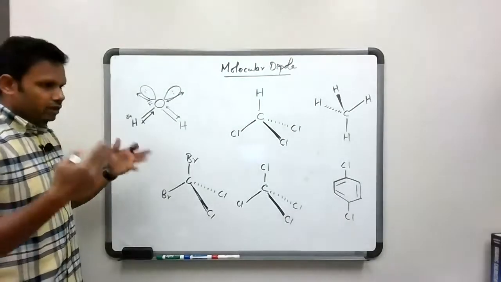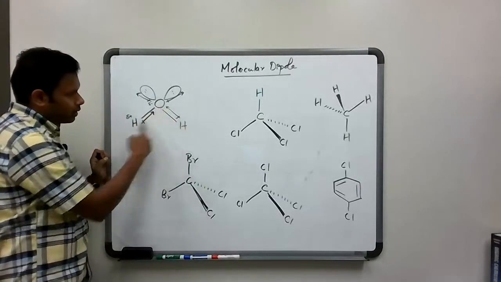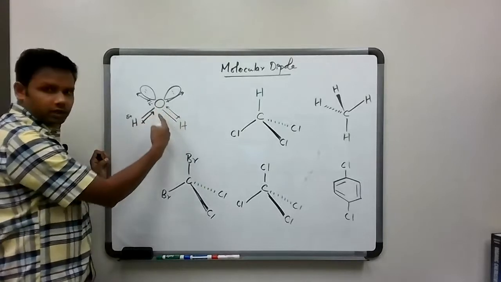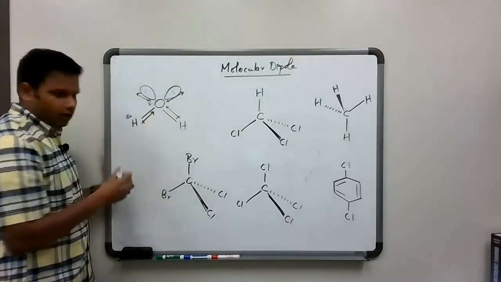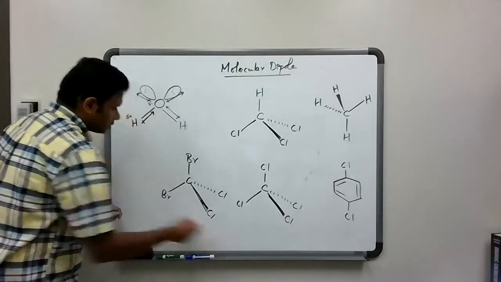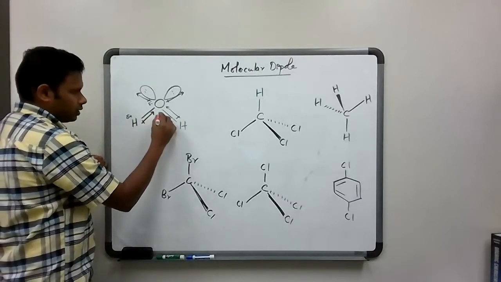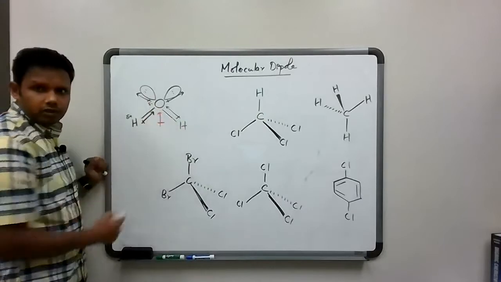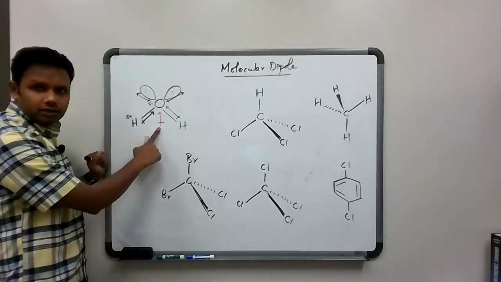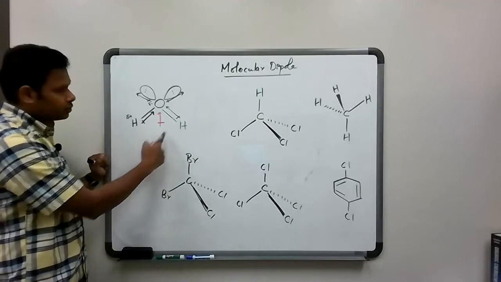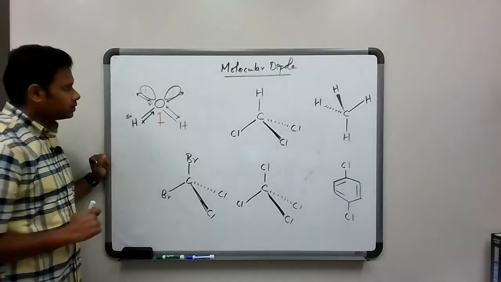All you have to remember is that when you have two dipoles slanting and pointing up at angles, the composite of only these two dipoles is going to be in the middle, pointing straight up. That's the composite. And again, notice how the positive end is near the positive end for the two bond dipoles, and the negative end points towards the oxygen.